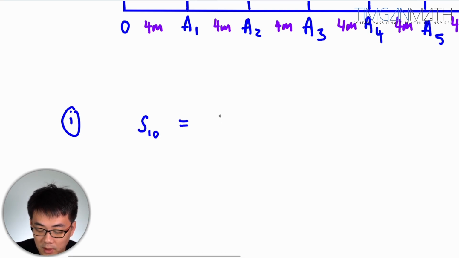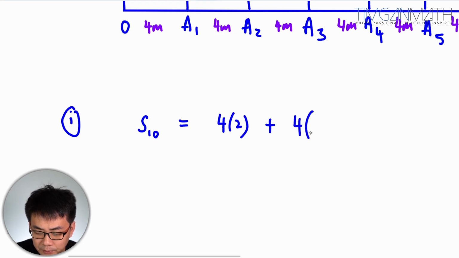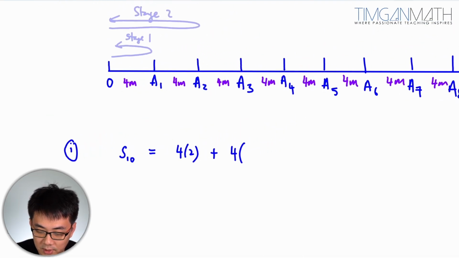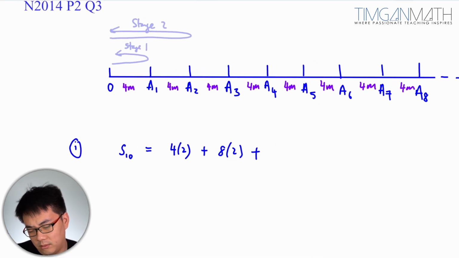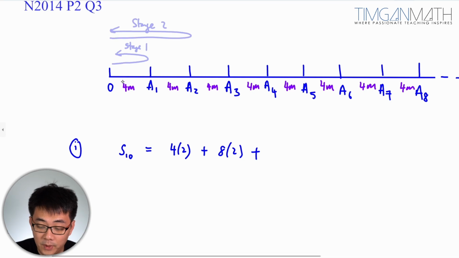The first one will be 4 times 2, right? The second one will be 8 times 2 actually. The next one would be 12 multiplied by 2.